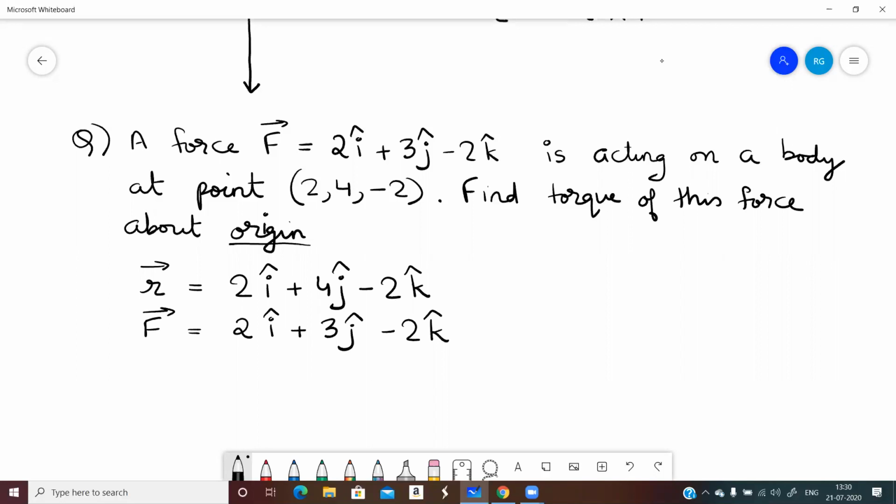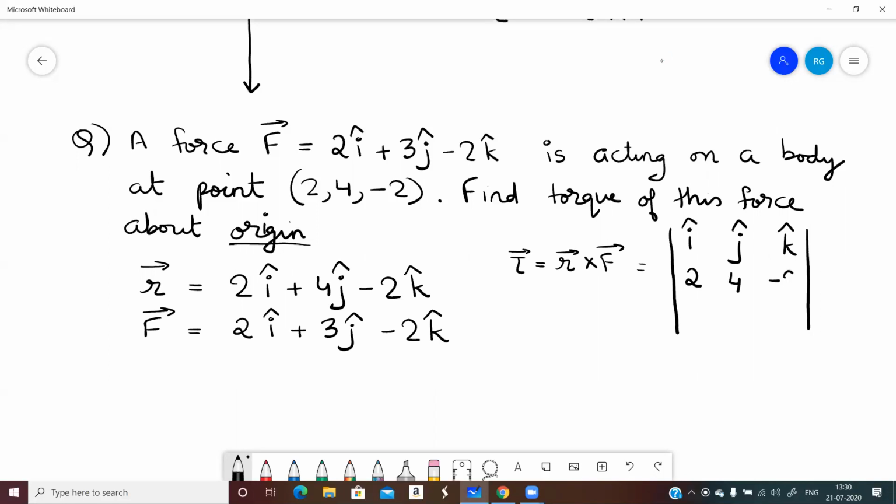So the value of torque is r cross F. I write it like this: i cap, j cap, k cap. R first, then it is 2, 4, minus 2. Then F is 2, 3, minus 2.